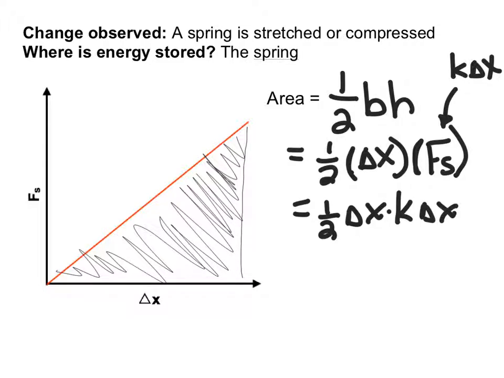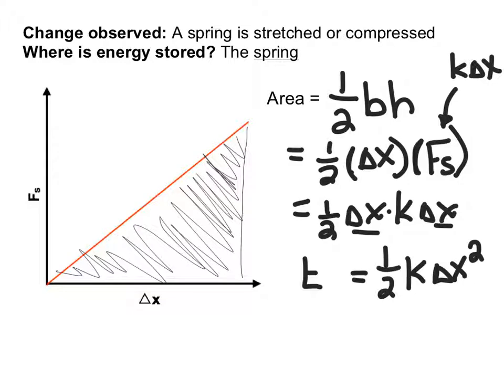And what I'm going to do is group the x's together, and I have 1/2 k times the stretch squared. And this is what I'm going to call Es. And this is the energy stored elastically in a spring.